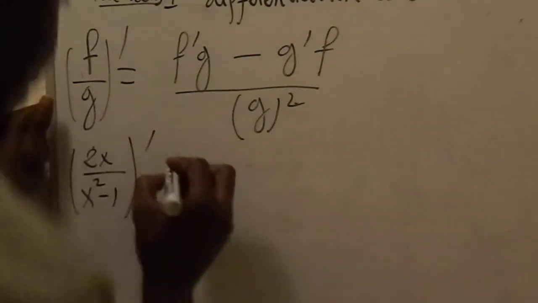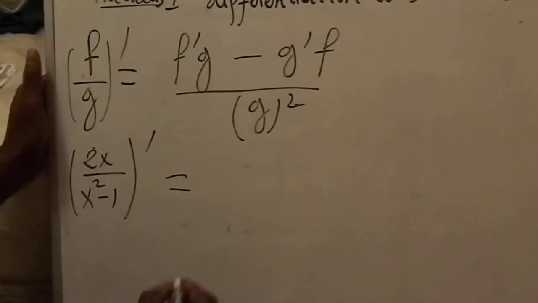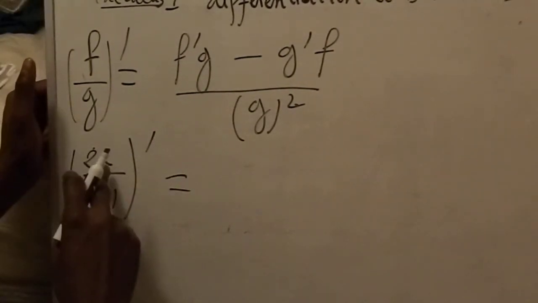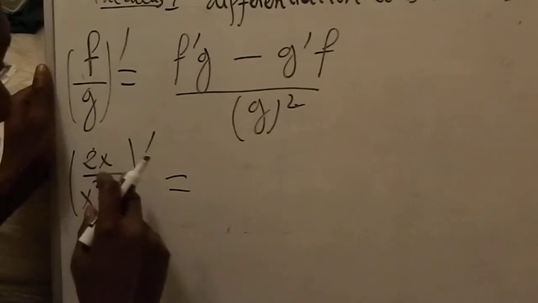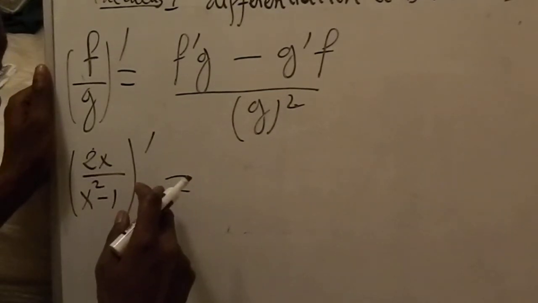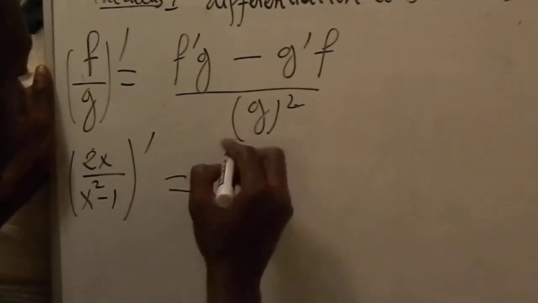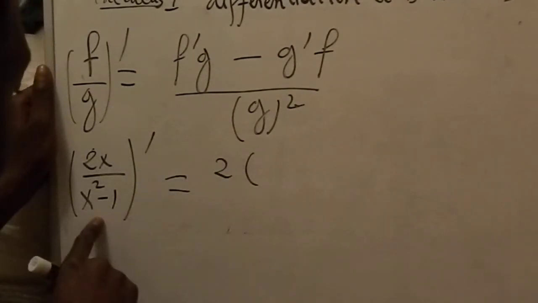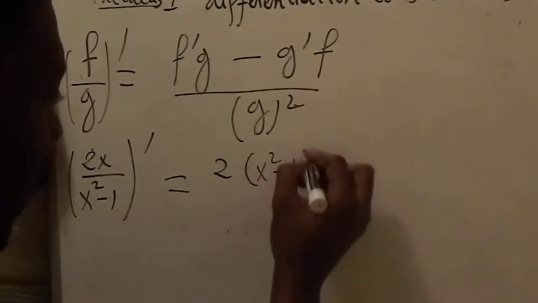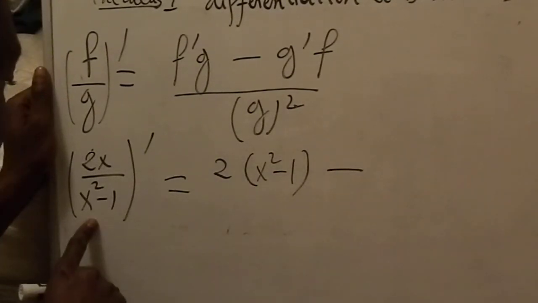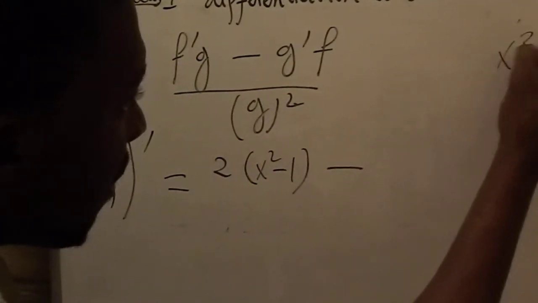Basically I will use the same rule that I was saying. I'll take the derivative of 2x, which is 2. I'm doing 2 times the bottom. I'm not changing anything at the bottom. Minus the derivative of x squared minus 1.